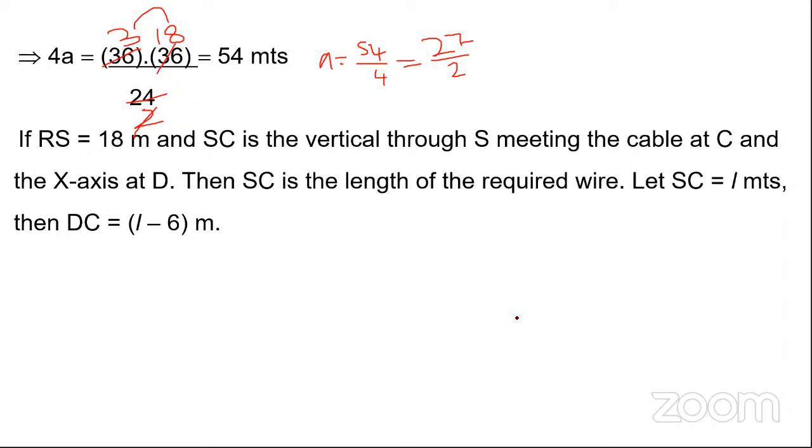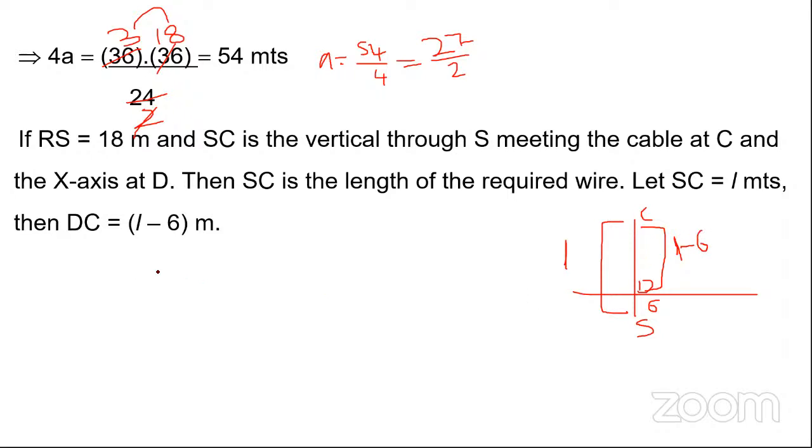SC equal to L meters. We are taking SC as L meters. Then DC can be written as L minus 6, because the total wire length is L and we know the SD value is 6.